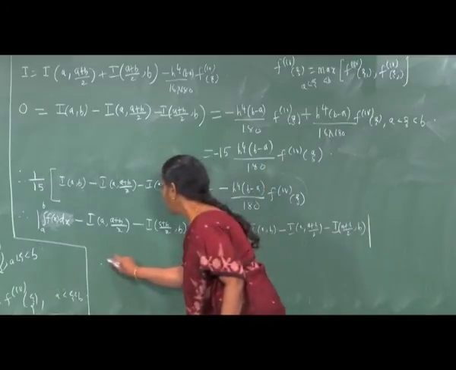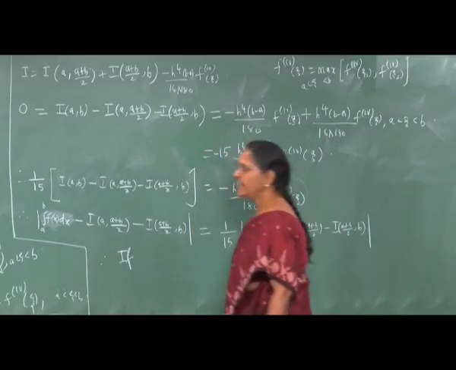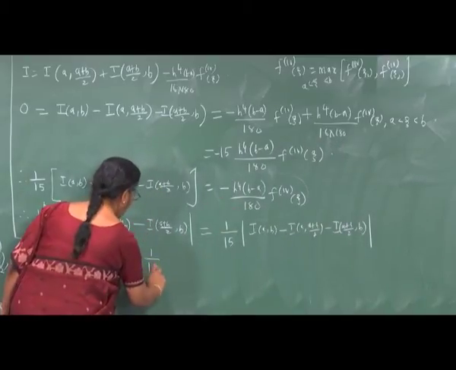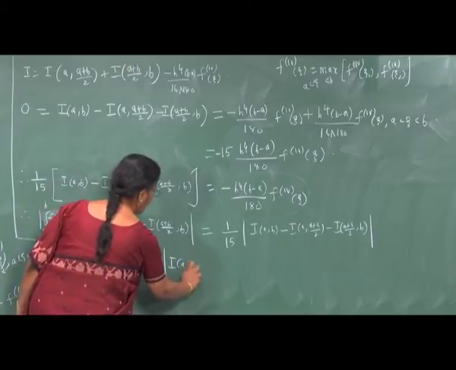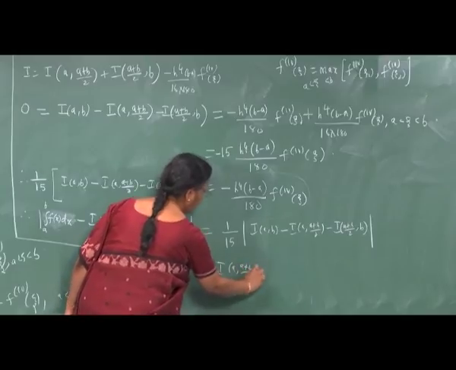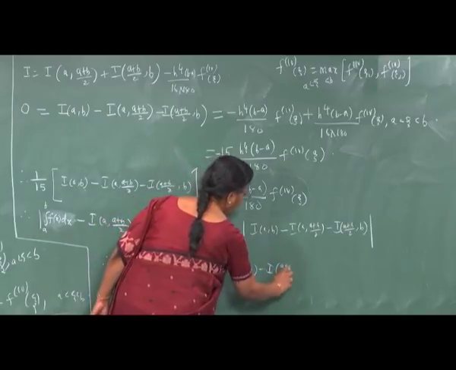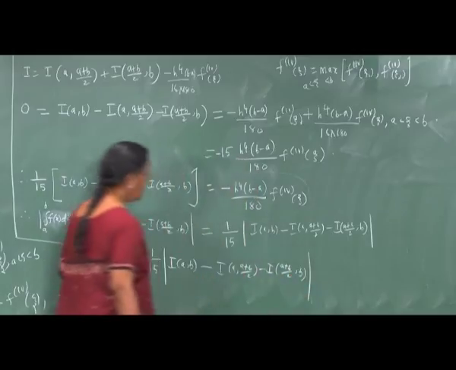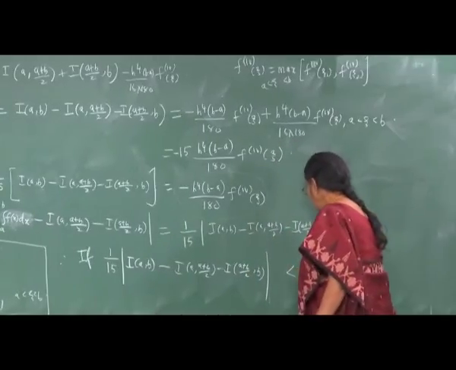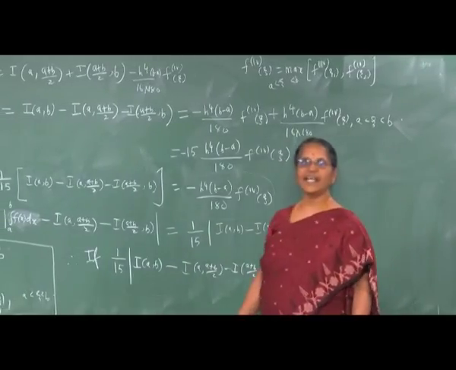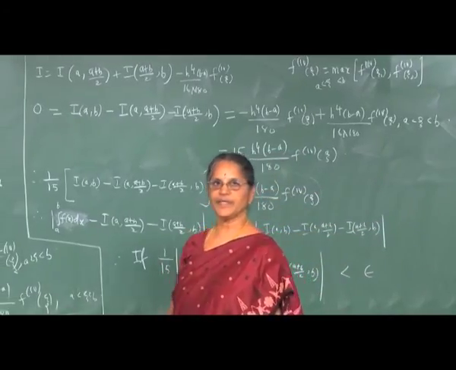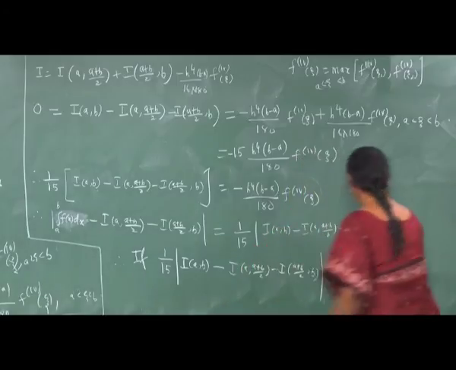So, therefore, you now specify the test. If this quantity 1 by 15 into absolute value of I of a b minus I of a comma a plus b by 2 minus I of a plus b by 2 comma b, if this quantity on the right hand side in absolute value turns out to be say less than epsilon, namely the accuracy that you prescribe, then what does it mean?